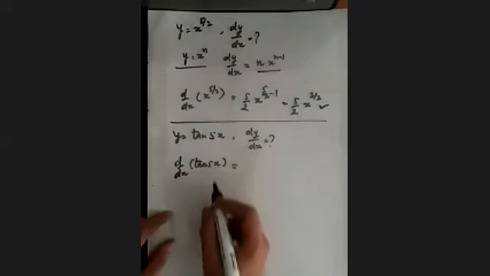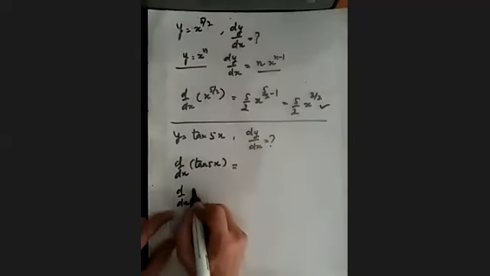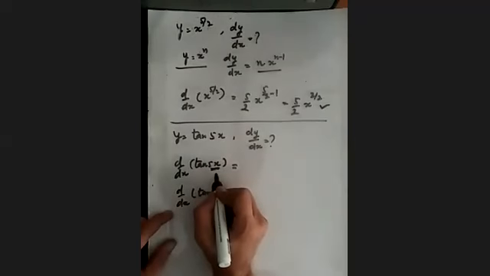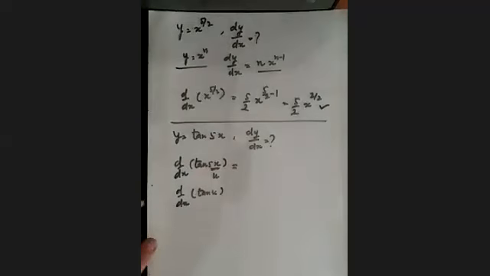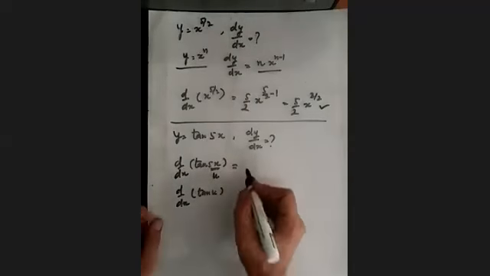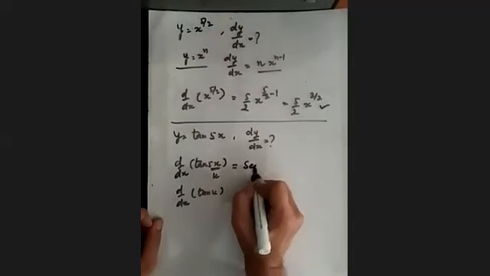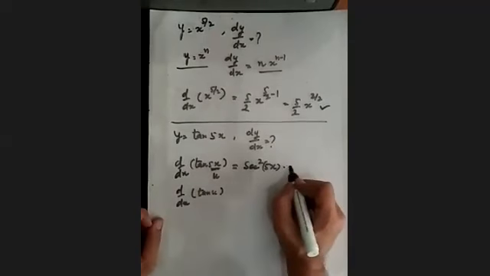So this is similar to differentiation of tan u, because we can use 5x as u. So what is the differentiation of tan? So differentiation of tan x is secant square x. So therefore we'll write secant square u, that is 5x as it is, and then differentiation of u.